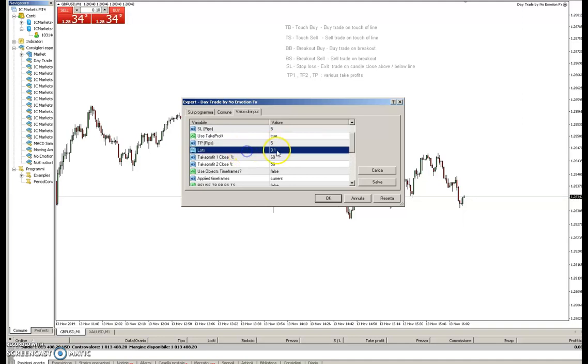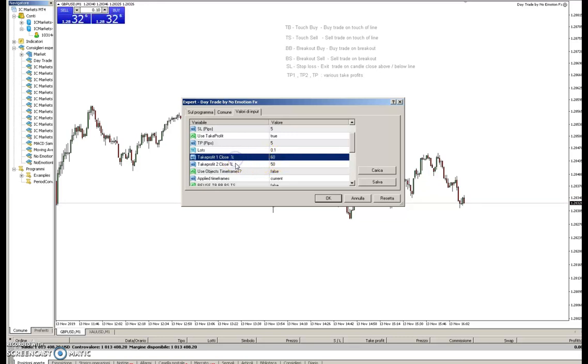This is the lot size, the trade size which it will open on breakout or retest of trend line as per your settings. Take profit one close percentage would be the percentage of trade you want to close on touch of take profit levels. So if you are using trend lines as take profit levels, you can easily decide partial close of the trade and what should be the percentage of those partial close.